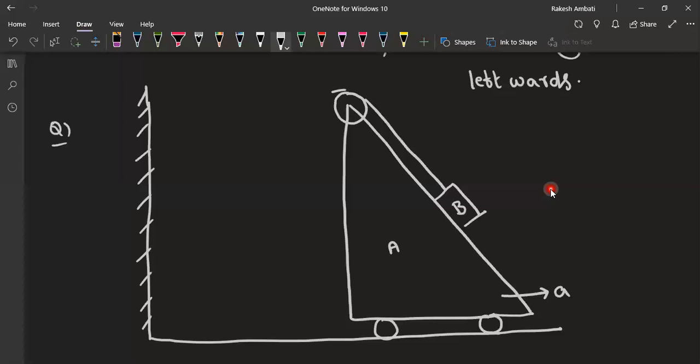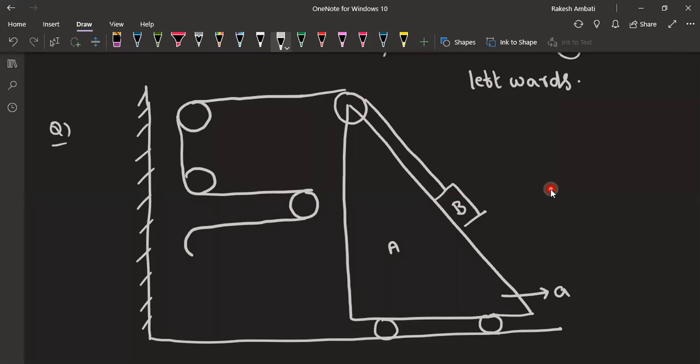And here we have a pulley. So draw the figure.